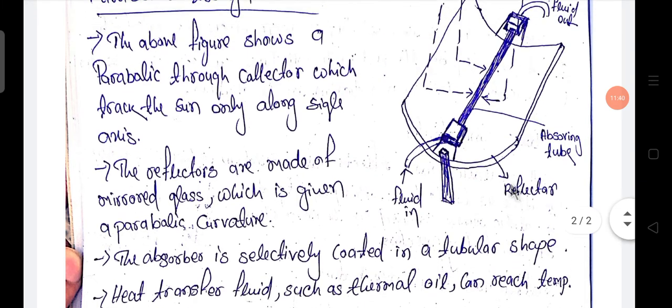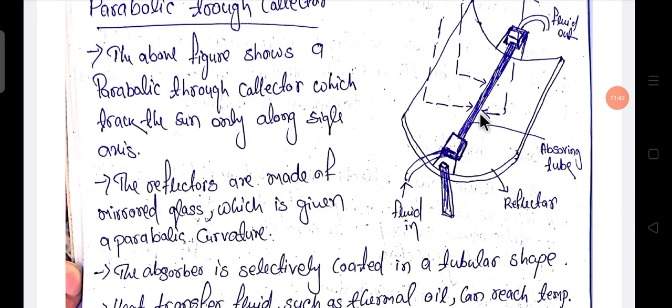This is the absorber, this tube, and it is coated with a black band to absorb the maximum amount of heat. This is the fluid pipe inside the absorber. From here the fluid goes in, and from here the fluid goes out.